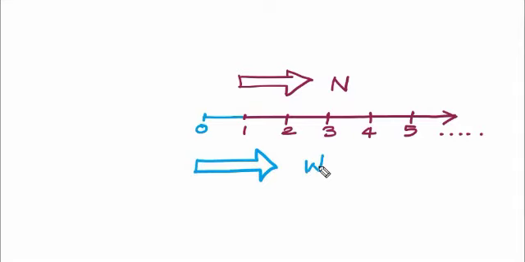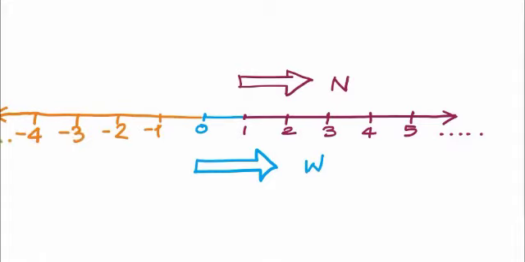Now for integers, which is the third number type which we are going to learn in this video, we need to go further to the left. And here I mark -1, -2, -3, -4 and so on.